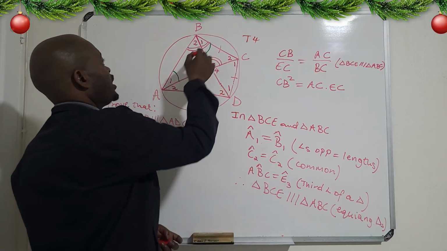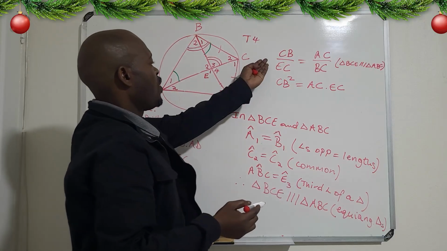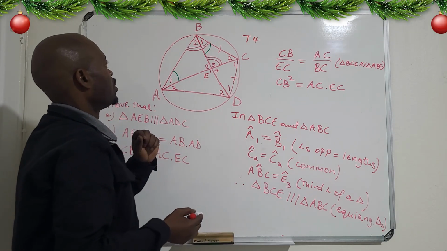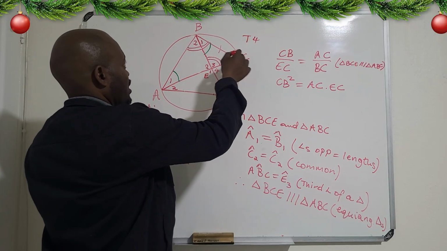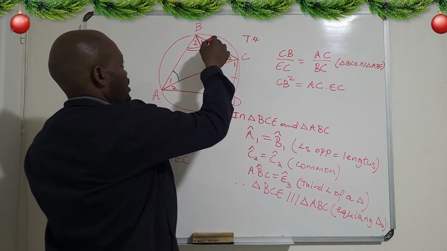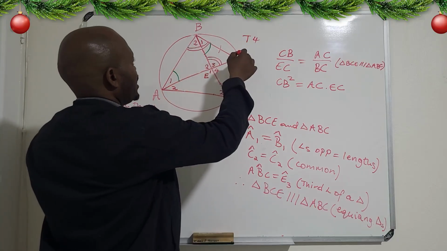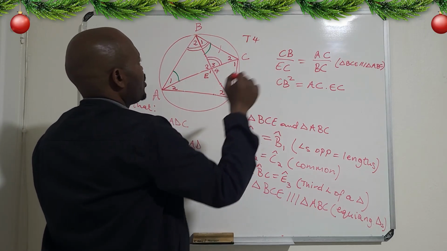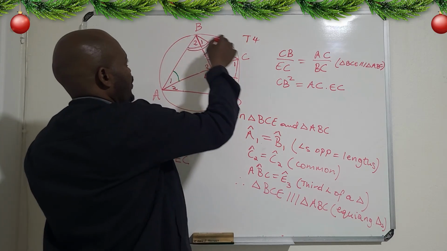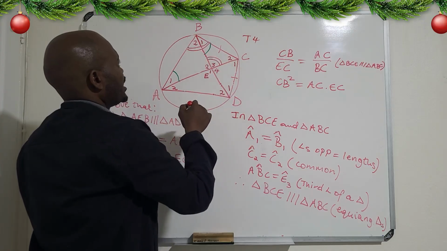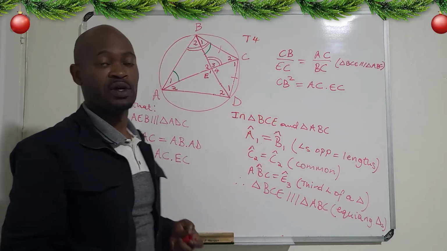Then after we highlight our equal angles, we can set up our ratio. Since this is opposite this side and this is opposite this angle, we're going to say BC over EC is equal to AC over that, since this is opposite that. Then we cross multiply and prove that there.